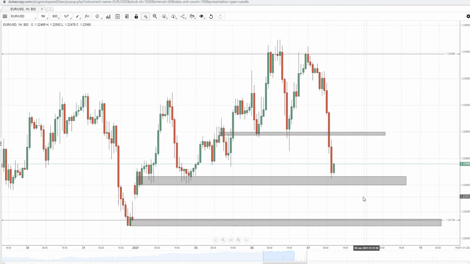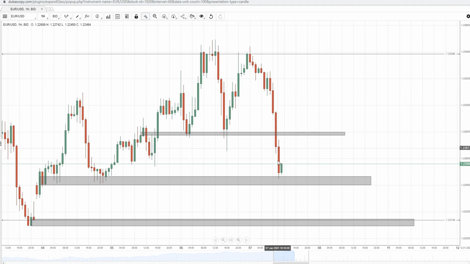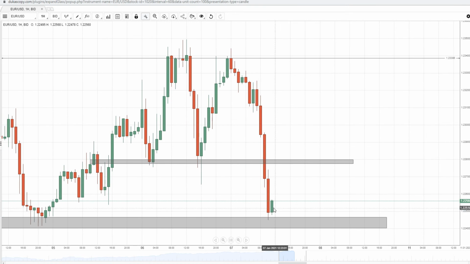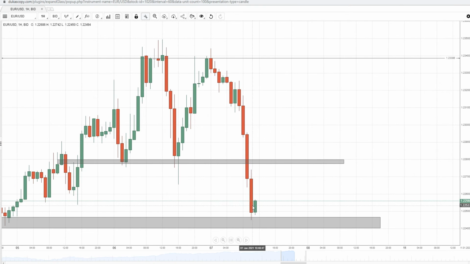Right now, this is the 1 hour time frame. This is the last candle, which is bearish. If you want to know that support already formed at this zone, you need to let this candle close. When this current hour closes bullish, then you know that, yeah, support is already forming.